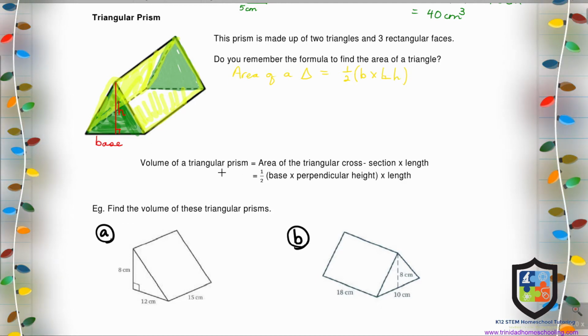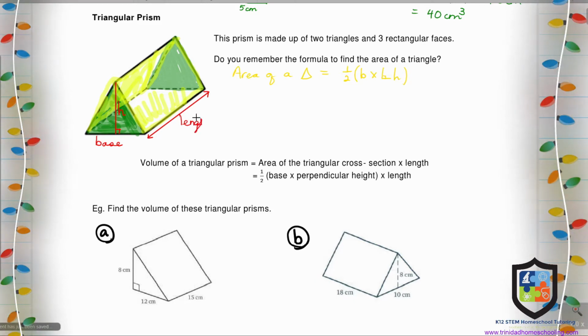Alright, so the volume of this triangular prism is going to be the half of this base multiplied by this height multiplied by the length. Okay, because this triangle is extruded, or it is stretched all the way down this length.